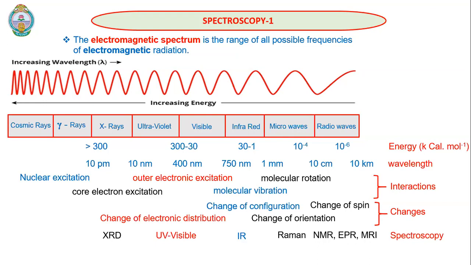Gamma rays will cause a change of nuclear configuration. It is used in Mössbauer spectroscopy.